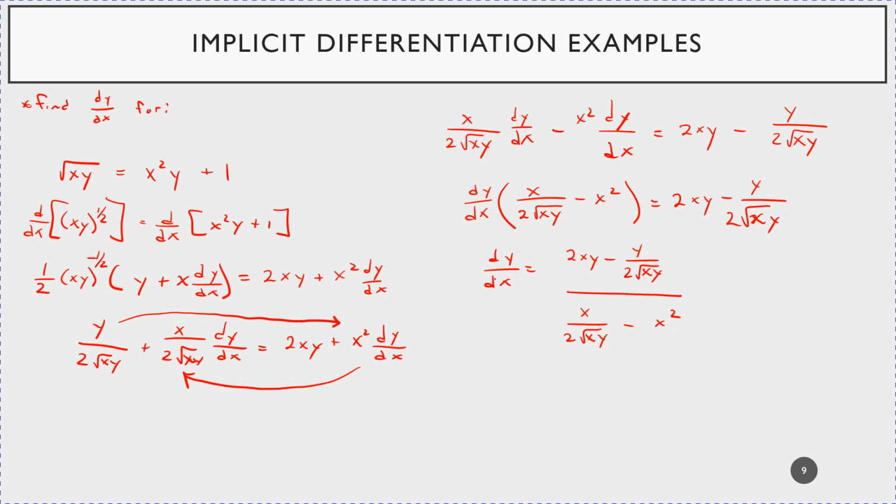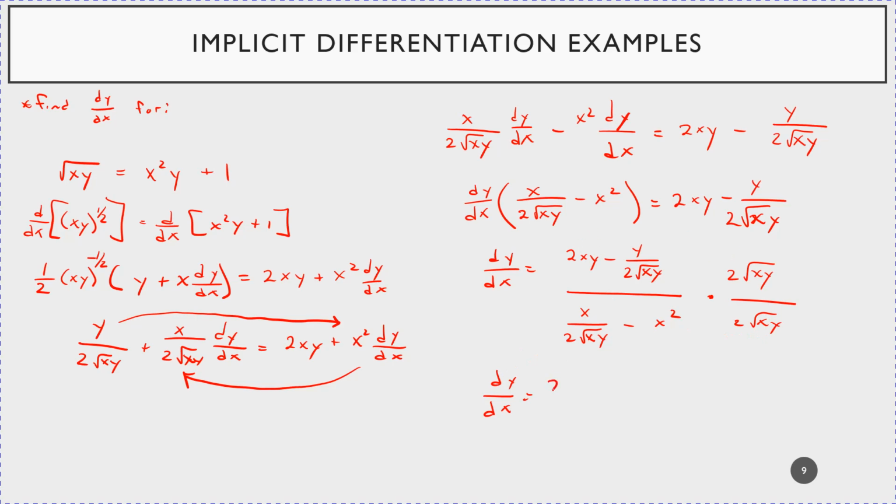So from here you could simplify it, right? You could get everything under 2 square roots of xy. So what you could do is multiply this by 2 square roots of xy divided by 2 square roots of xy. And then you would get dy/dx is equal to this times this.